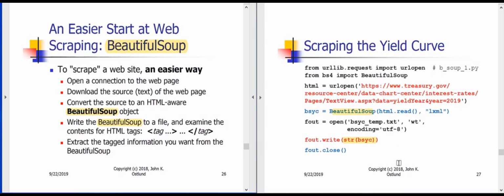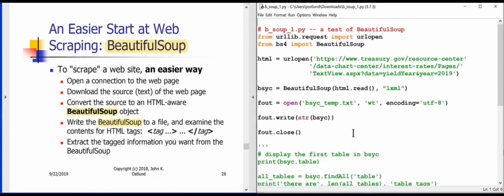This time it's Beautiful Soup yield curve temp.txt. Let's run this program. Okay, here is the program. Now there's more to the program down here that for the moment has been commented out using triple quotes. I'm going to save this and run it.